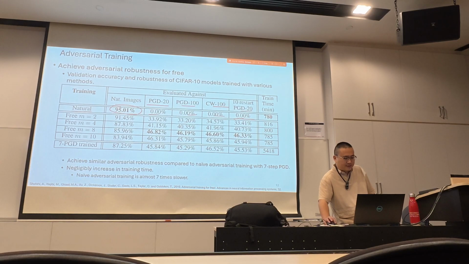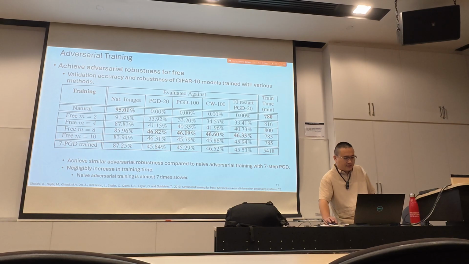Let's look at the standard adversarial trained model with 7-step PGD. We can see a decrease in accuracy, but it shows robustness against the attacks. It can still preserve around 45% accuracy on the attacks.